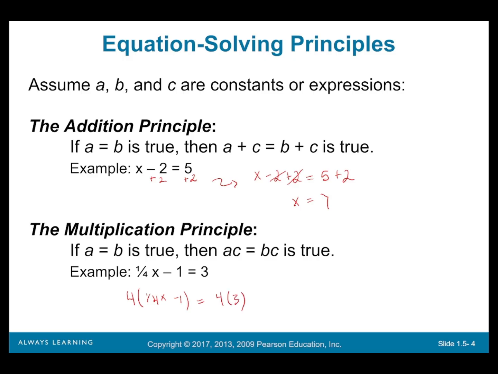That's a nice choice because the 4 gets distributed to my two different values, and 4 times 1/4 gives me just x minus 4 equals 12. All of a sudden, this problem has become much, much simpler. I can even add 4 to both sides and immediately get x equals 16. So we typically combine the principles and choose special values, but as long as we do operations to both sides, we're good.